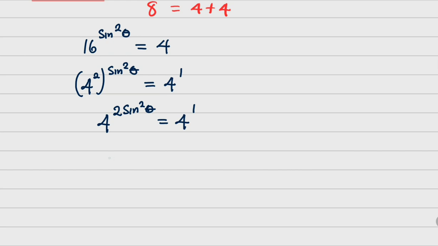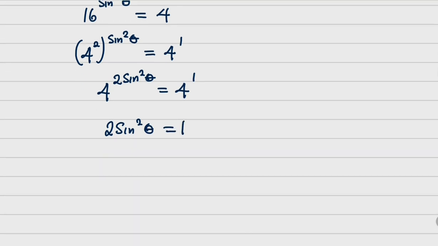So we can now conclude that 2 sine square theta is equal to 1. Dividing both sides by 2, sine square theta is equal to 1 over 2.